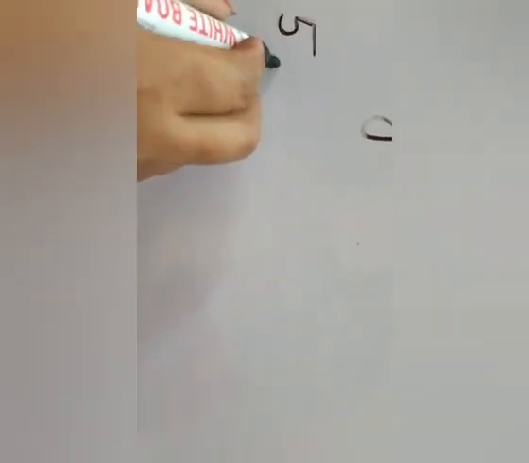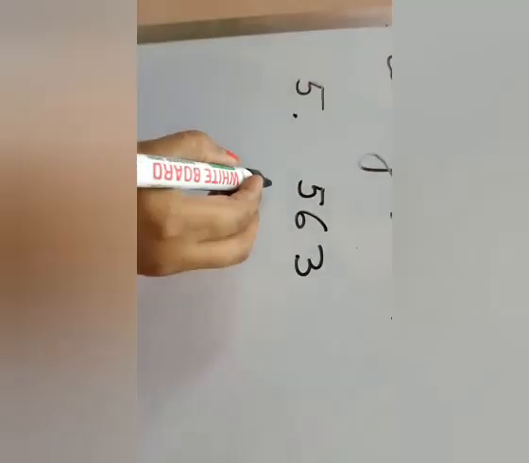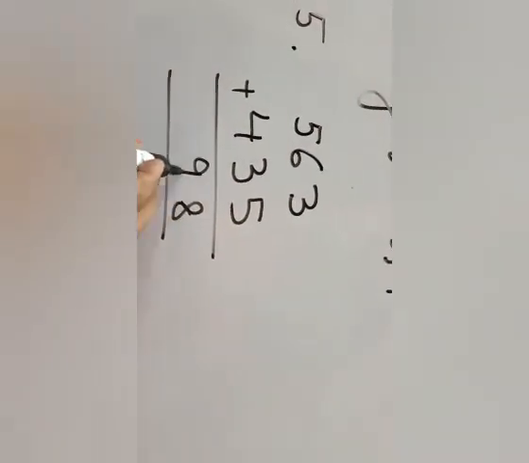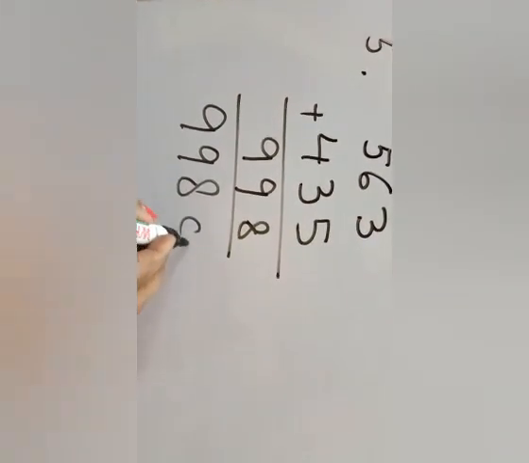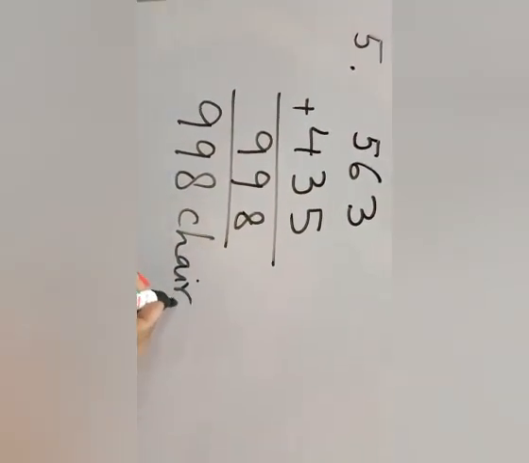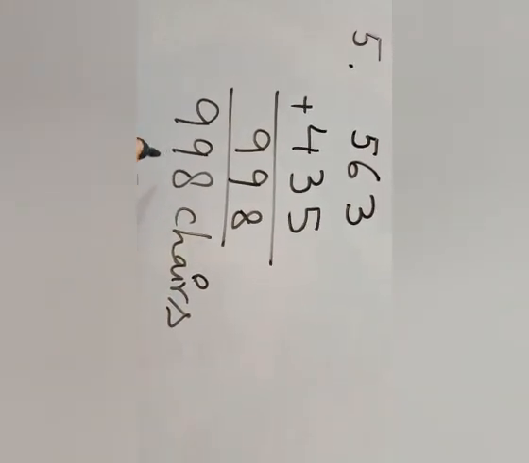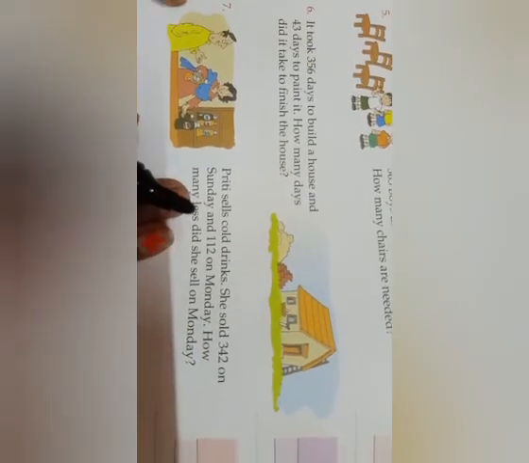Let's add. 563 and 435. 8, 9, 9. The answer is 998 chairs. Total number of chairs we needed, 998. Now come to the next question.